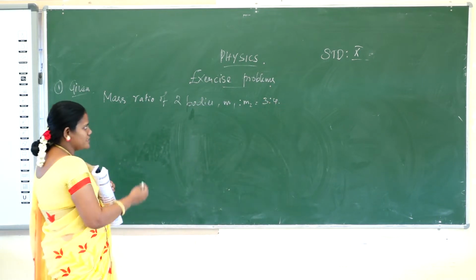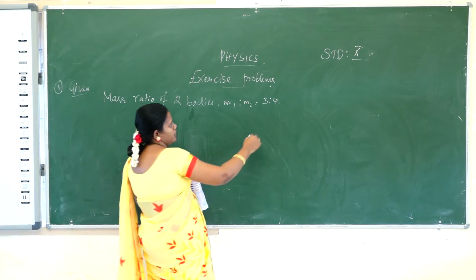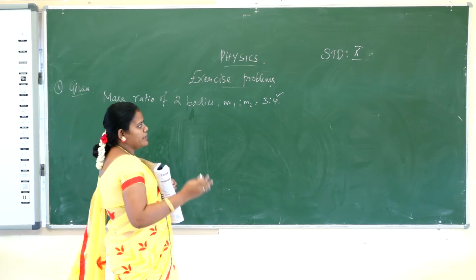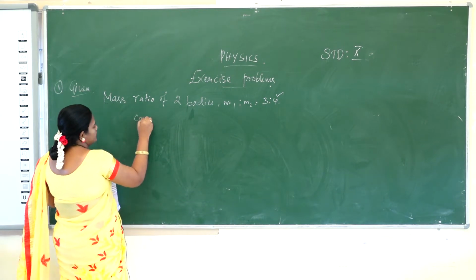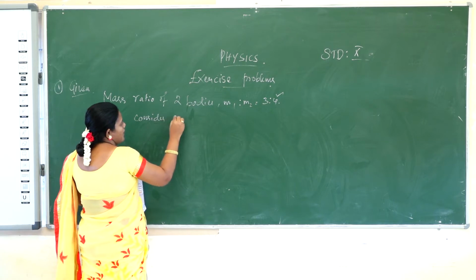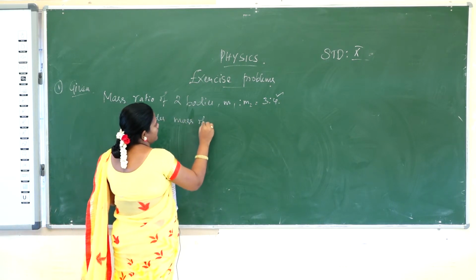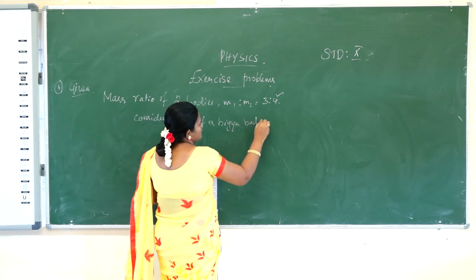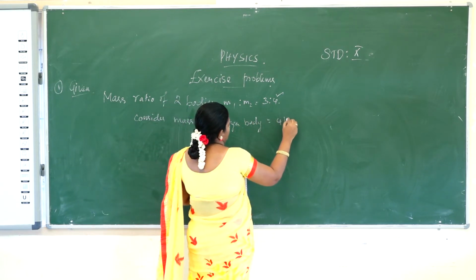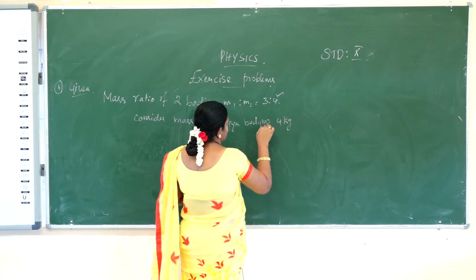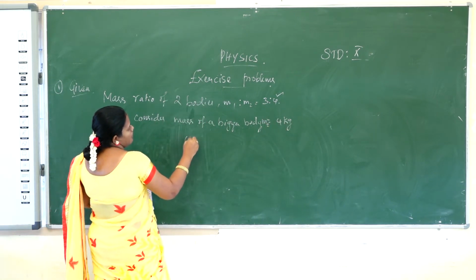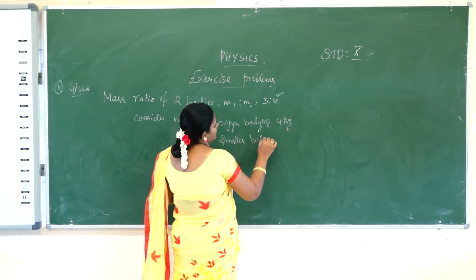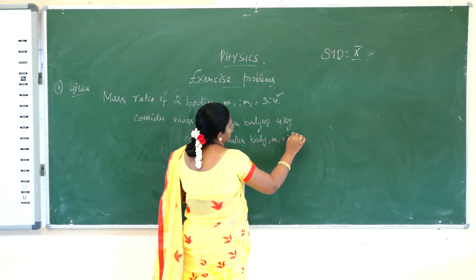We consider the value 4 is bigger than 3, so we consider the mass of the bigger body is 4 kilogram, that is m2. The mass of the smaller body, m1, is equal to 3 kilogram.